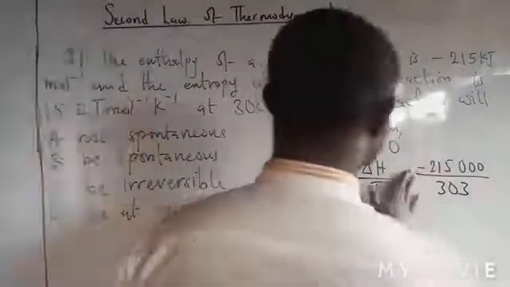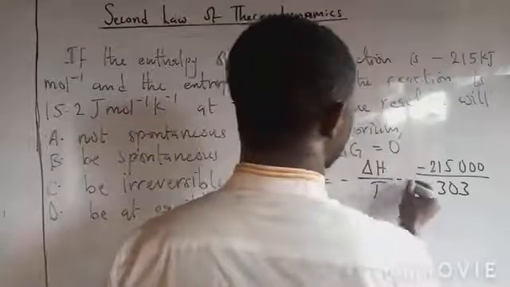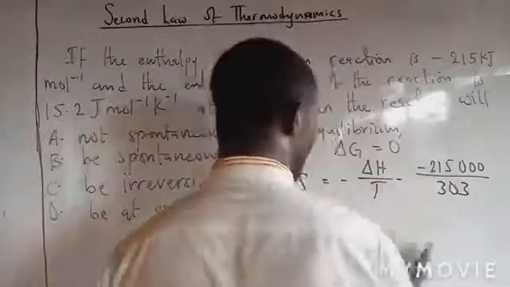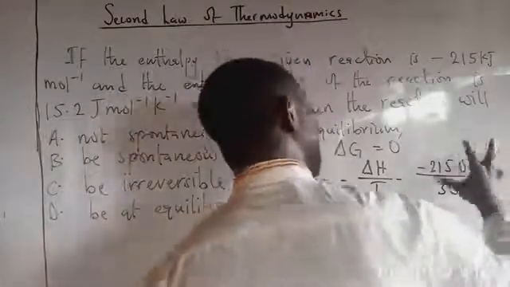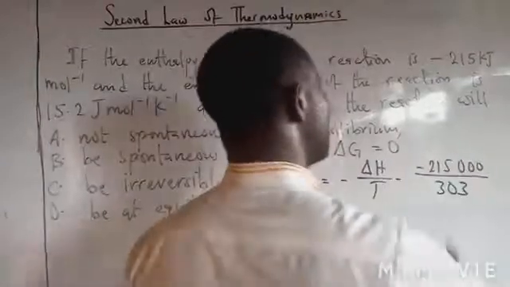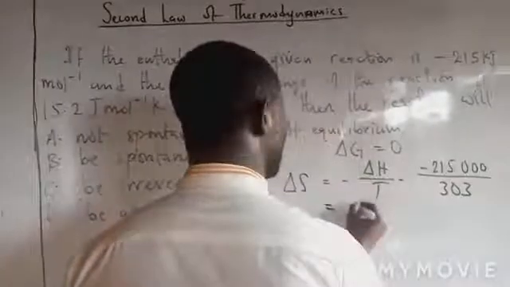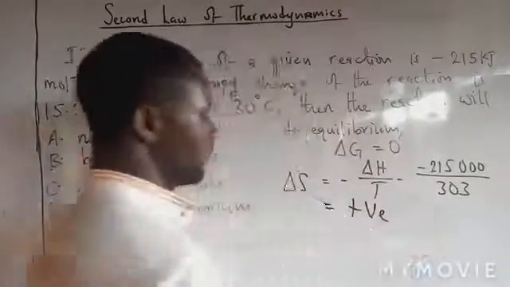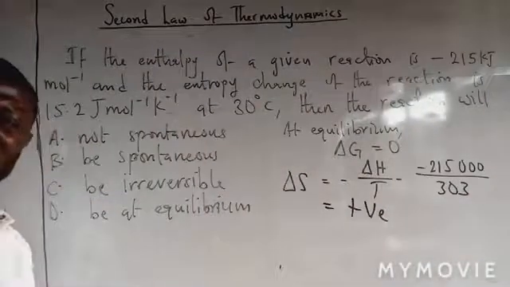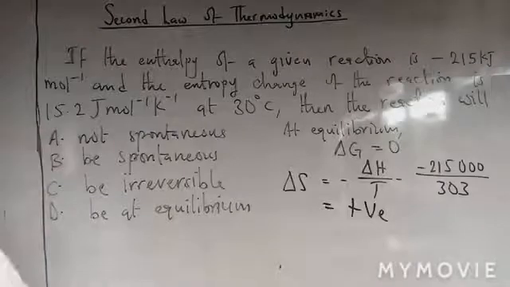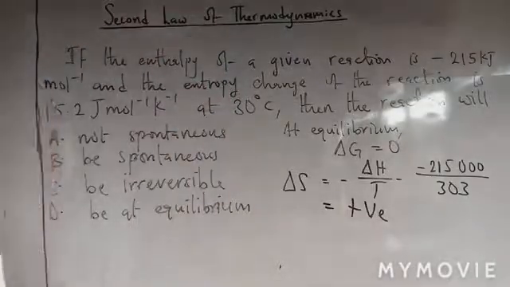I don't need to waste my time on the calculation. When I divide this, I'm going to get a negative answer. Negative multiplied by negative, I get positive. So my entropy is positive. That is the first indicator that my reaction is what?